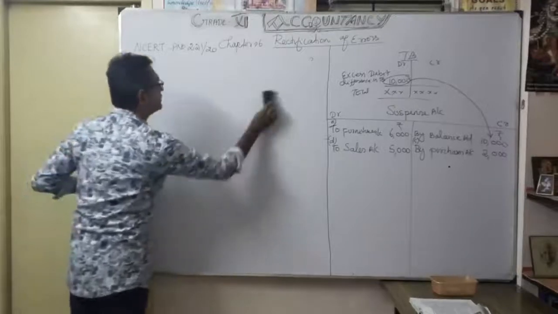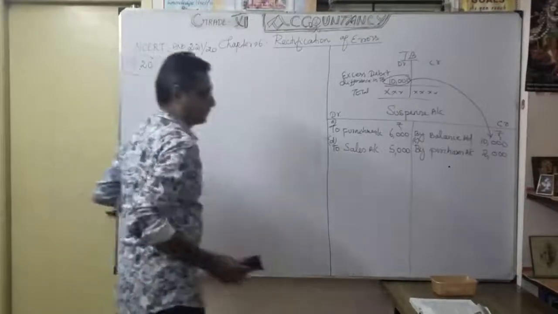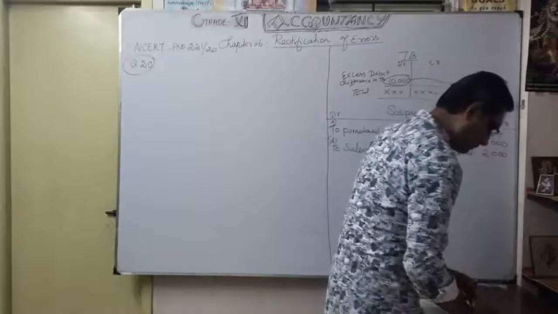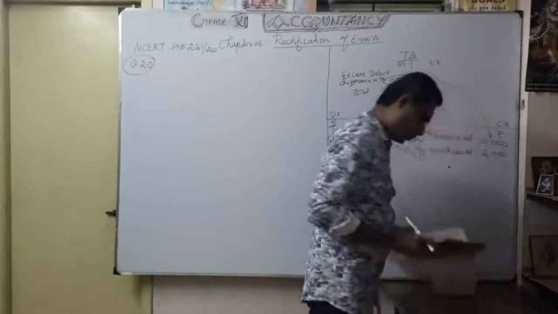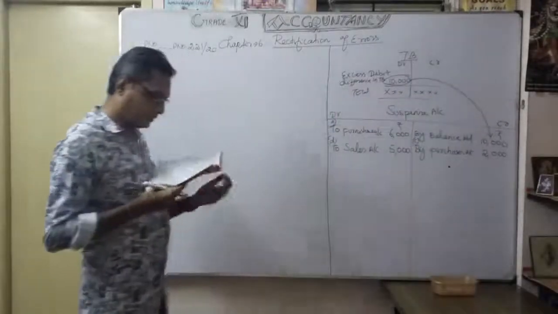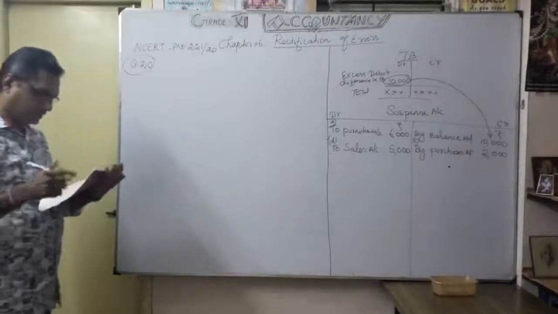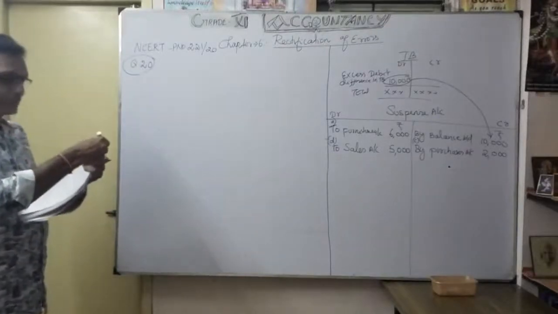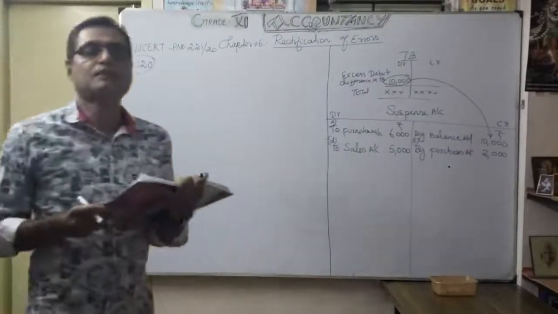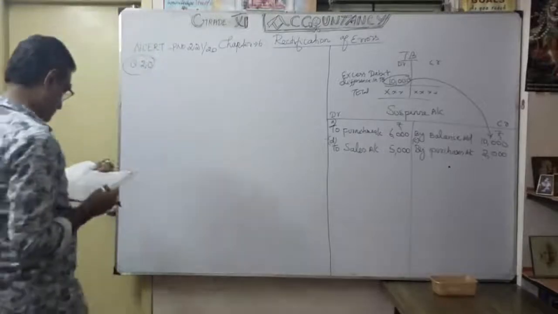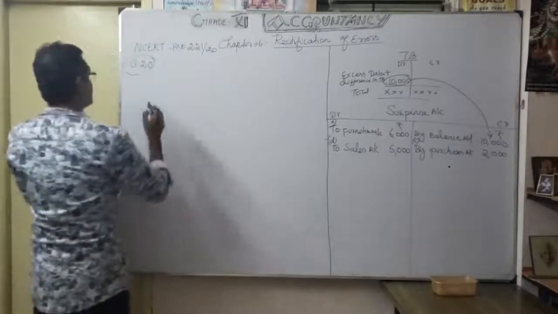Okay, so now what is the next one? I'll write it first. So next, what they given? Old machinery sold for 7,000 was credited to sales account. So now you can understand very clearly what type of error. Okay, just you see. What is the next one?